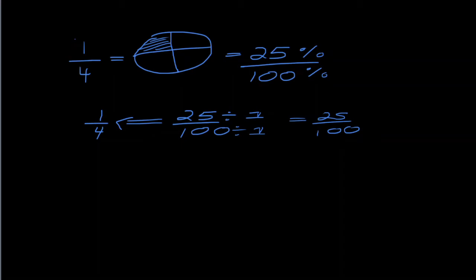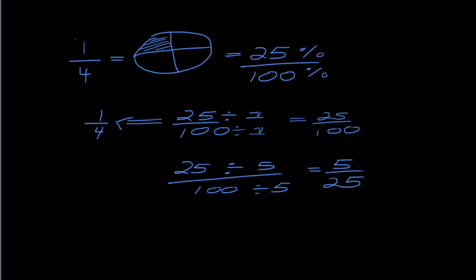So we could do 4. 25 divided by 4 is also not a whole number, even though the 100 is. So what's 5? That's a common factor between the two. So now we can do 25 divided by 5 and 100 divided by 5. What does this give you? This gives you 5 over 20.